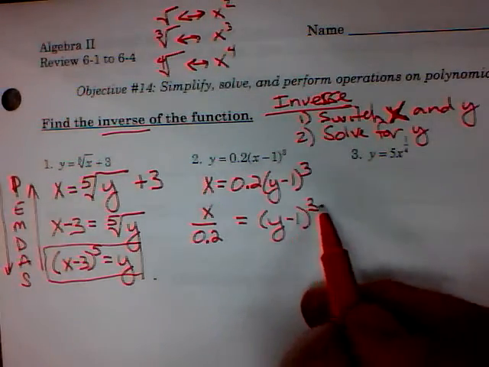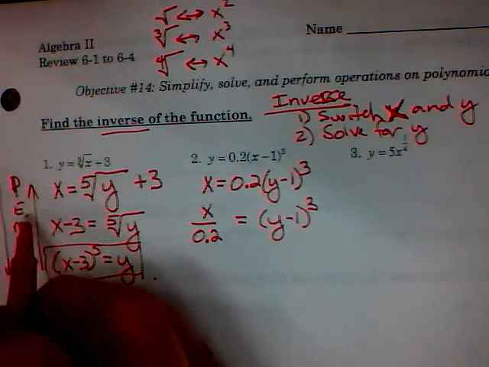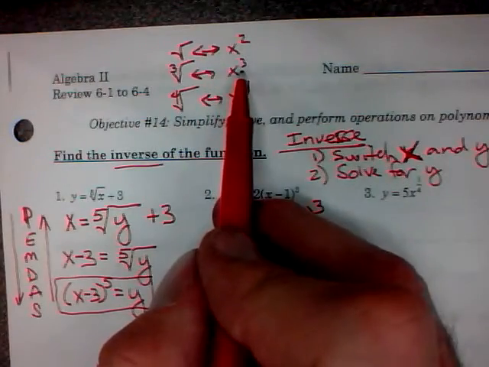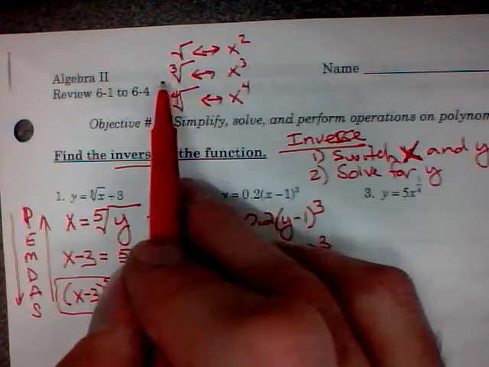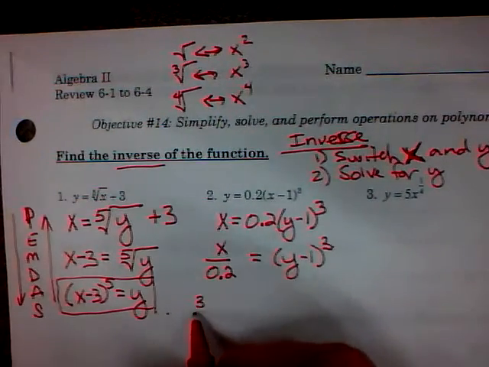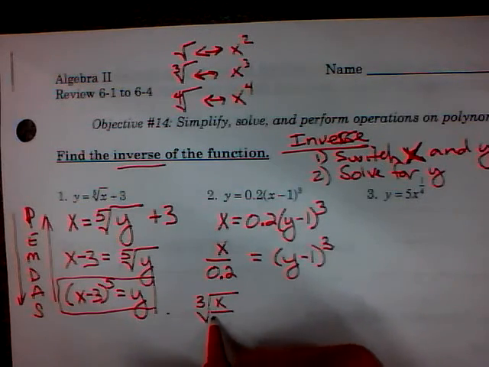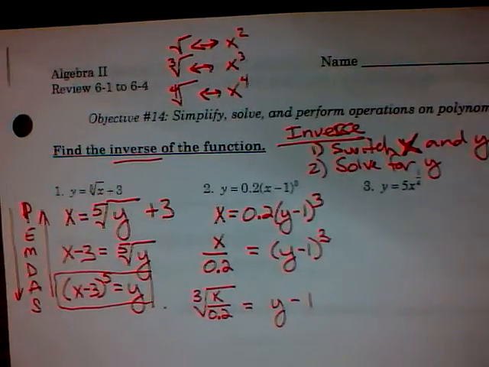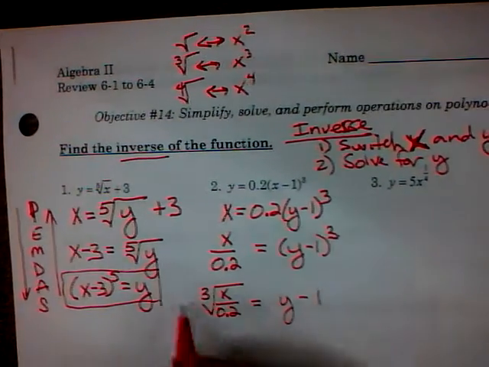Now, between parentheses and exponents, we get rid of the exponent next. So we bring the exponent over, and the opposite of cubing is cube rooting. So we're going to take the cube root of this ugly looking fraction equals y minus 1. Now we can get rid of the minus 1 by bringing that over.